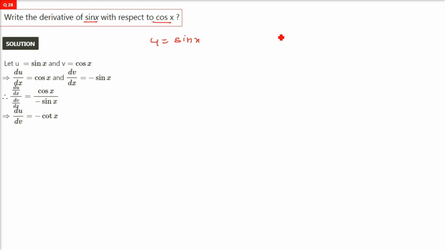So what you have to do is du by dv, the derivative of sin x with respect to cos x. When u is sin x, v is cos x, du by dx will be cos x, and dv by dx of cos x will be minus sin x. So let me write it again.